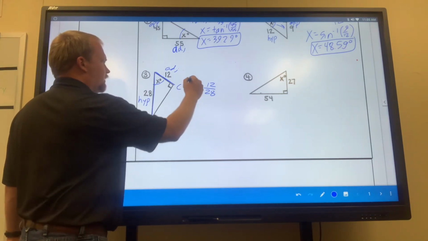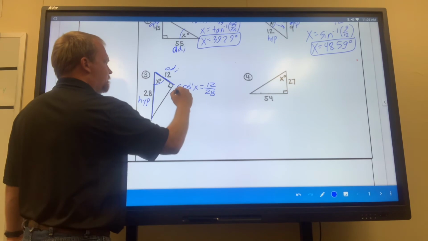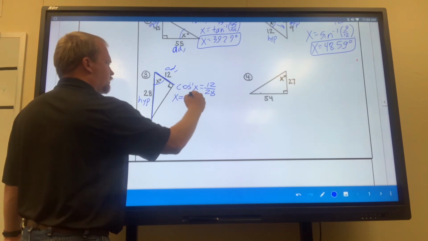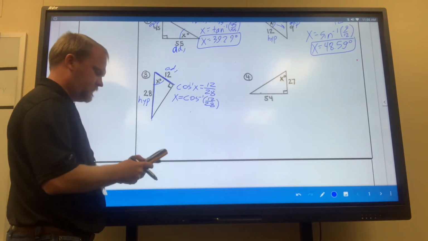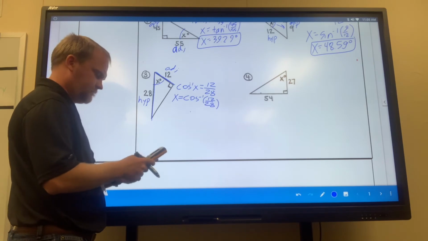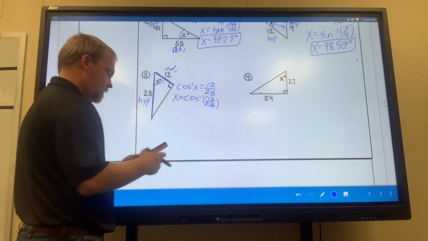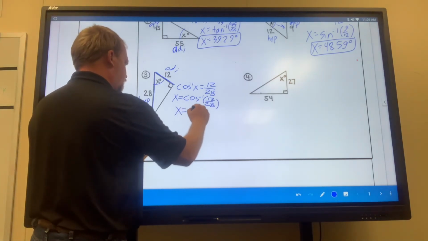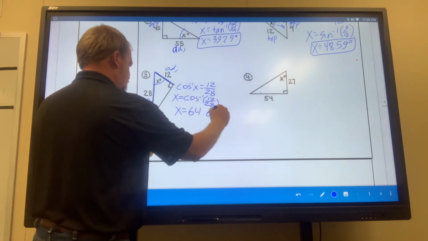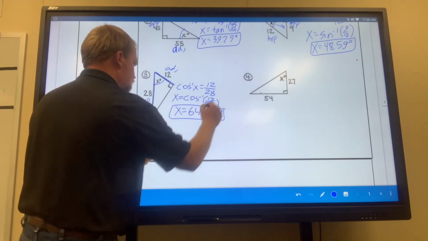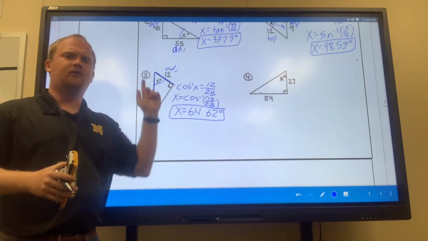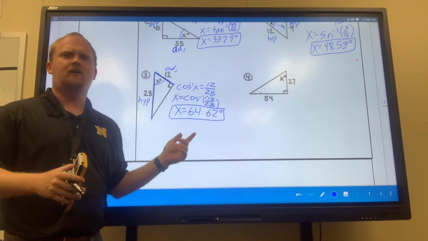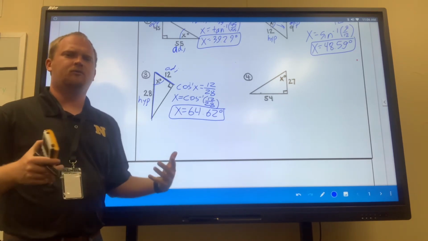So x equals cosine inverse 12 over 28. Check my calculator, and x is going to give me 64.62 degrees. So I can still use the inverse of each of the three, but we just got to recognize which one to use.